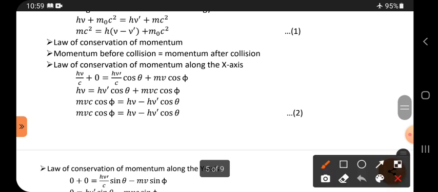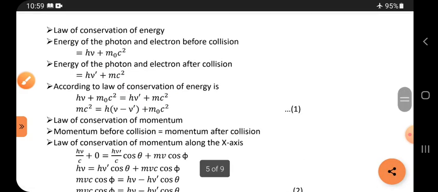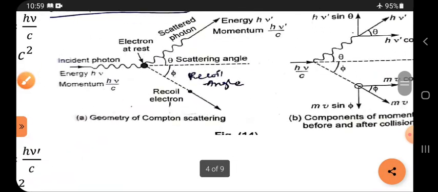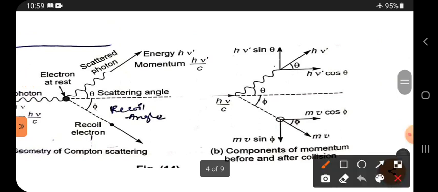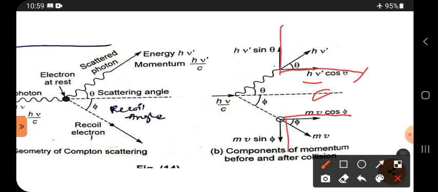Along the x direction, mv cos phi and h nu dash by c cos theta. Along the y direction, one is upside and one is downside, so we take minus. One is in terms of phi, another is in terms of theta, both are sine but their multiplication is different.